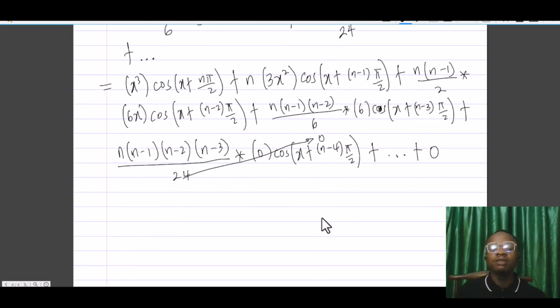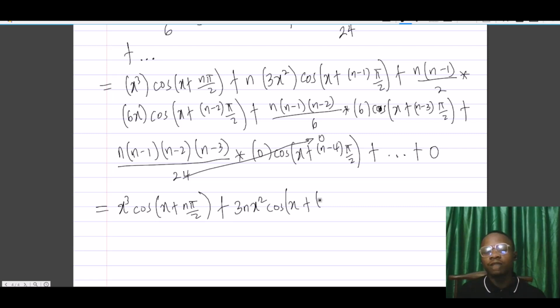So the terms we have left are now obvious. We can now simplify them. Looking at all of this, it appears that nothing is common, so we can just leave it as it is and write this out. This is going to be x cubed multiplied by cos of x plus n pi over 2. Then plus 3n x squared cos of x plus n minus 1 multiplied by pi over 2.